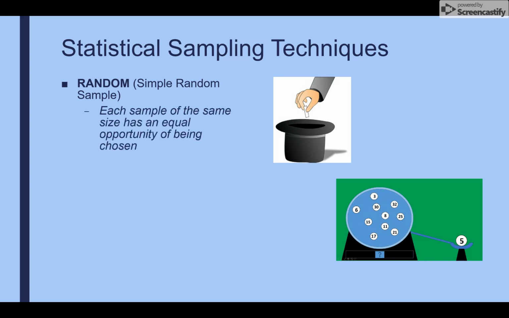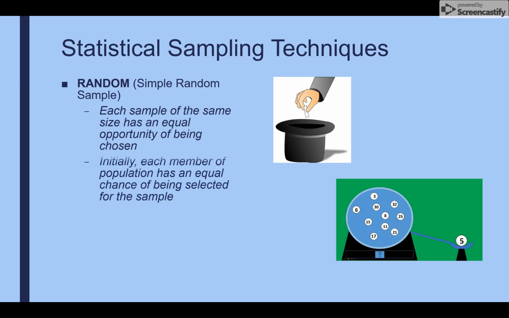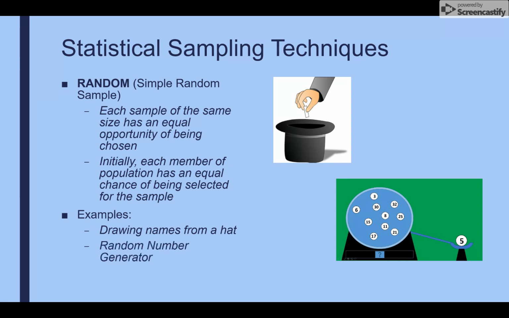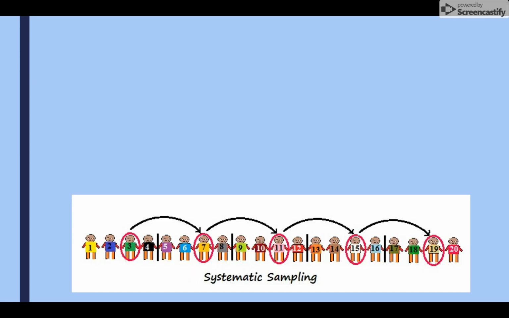Each sample of the same size has an equal opportunity of being chosen. Initially, each member of the population has an equal chance of being selected for the sample. A good example of a random sample is drawing names from a hat. Everybody's name is put into the hat and mixed up, and then one is drawn out. Any sort of random number generator, similar to what's used for drawing the lottery numbers.